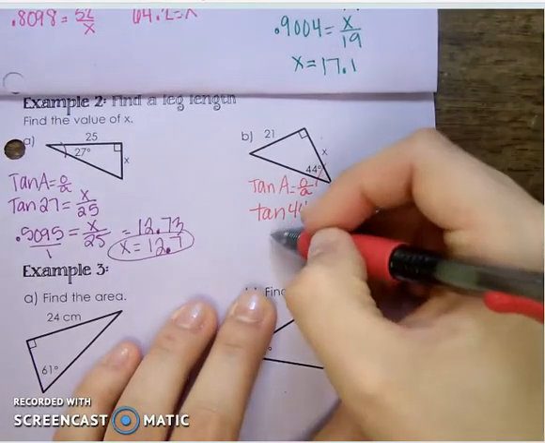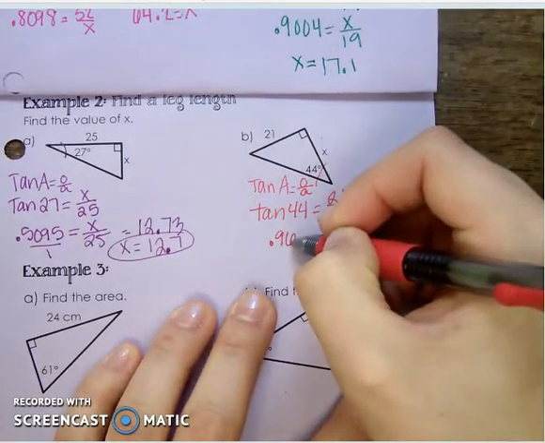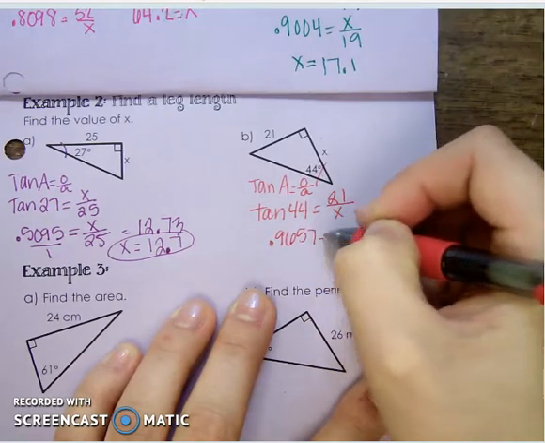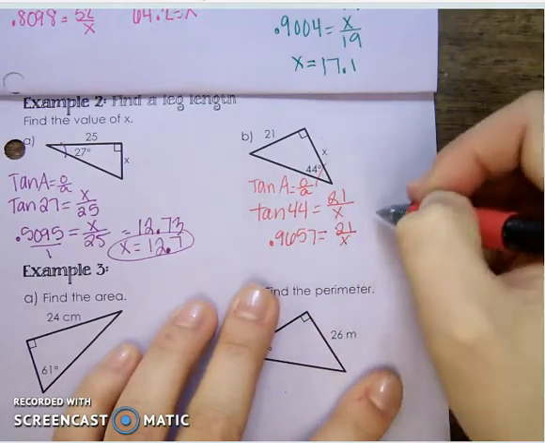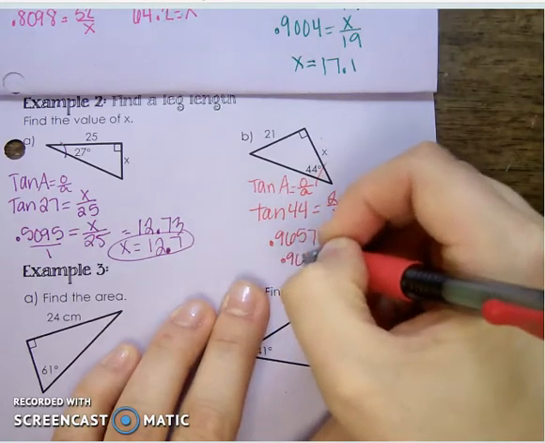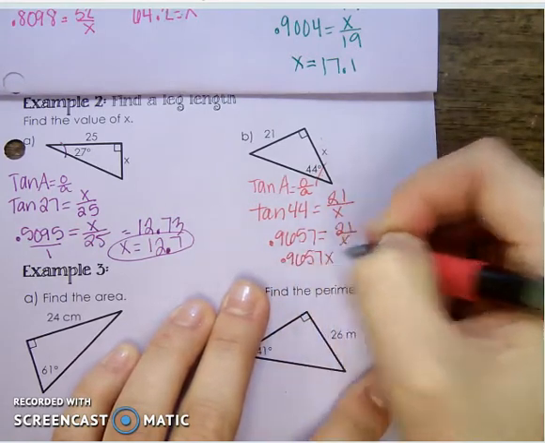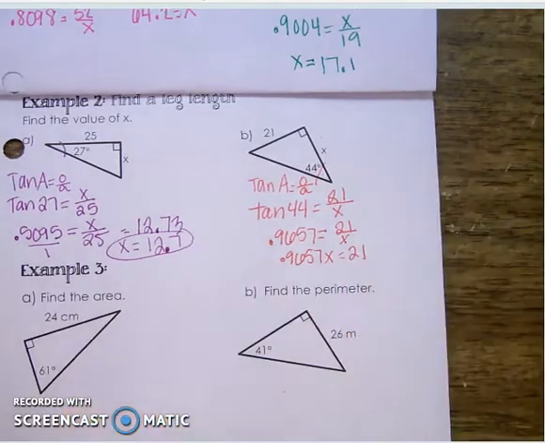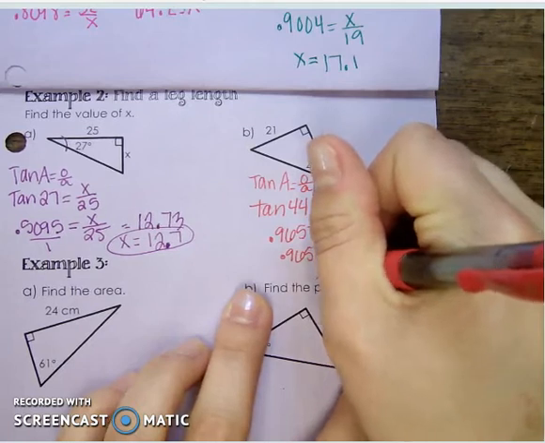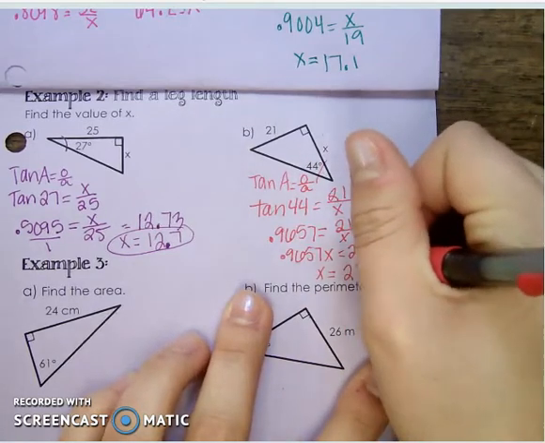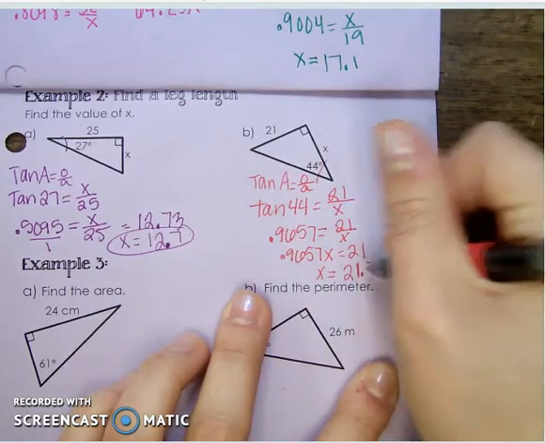Tangent of 44 is 0.9657 equals 21 over x. So 0.9657 times x equals 21. Divide both sides by the decimal. X is 21.7-ish.